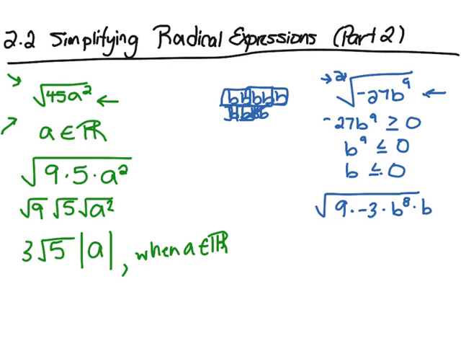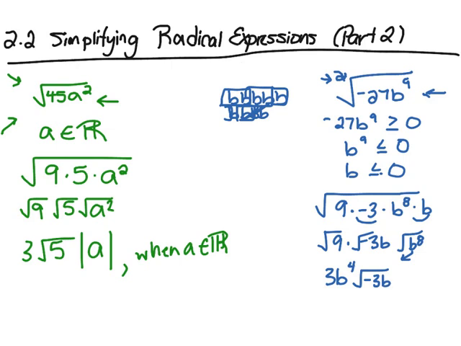That means that 8 of the b's are going to be able to be square rooted, with 1 b left over. So we're left with 9 times negative 3b. We can combine this and this because they're staying under the radical, and then b to the power of 8. So we're left with 3b to the 4. When b to the 8 comes out, it's b to the power of 4 times the root of negative 3b.